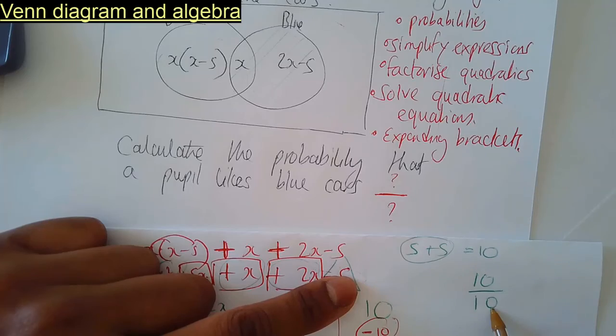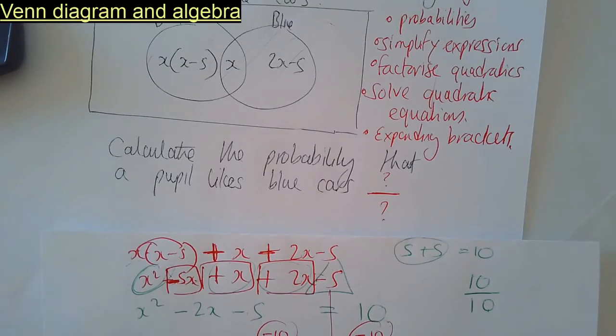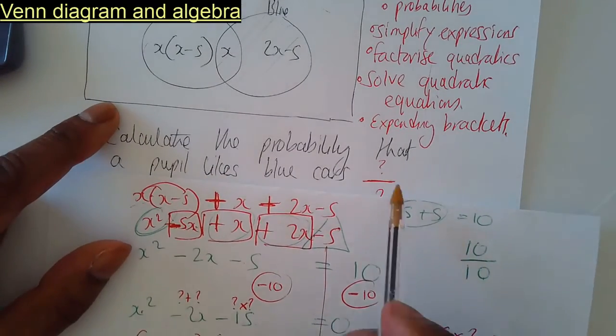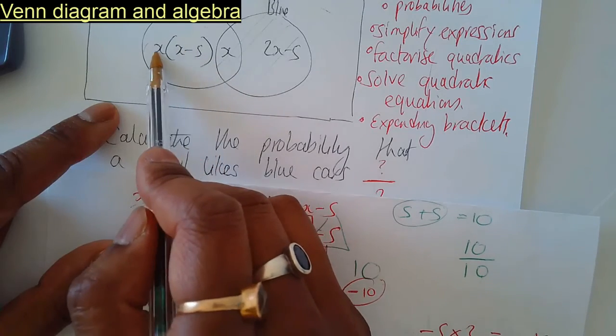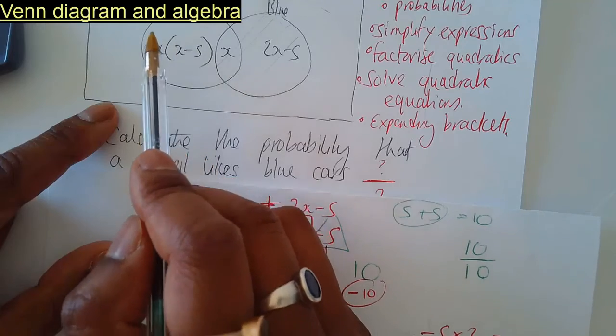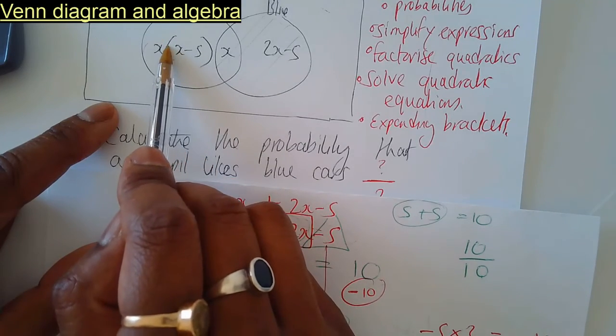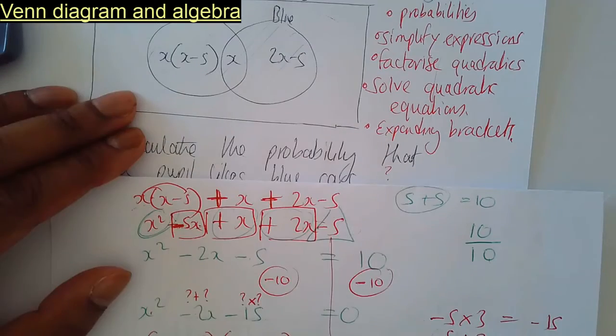So 10 out of 10 pupils like blue cars. Nobody likes only black cars. I'll show you now. If I replace x with 5 here, 5 take away 5 is 0. 0 times 5, 0. Nobody likes only black cars. There are 5 people that like both black and blue cars.